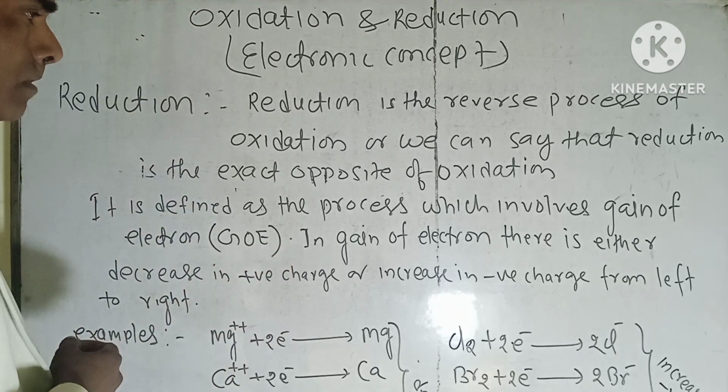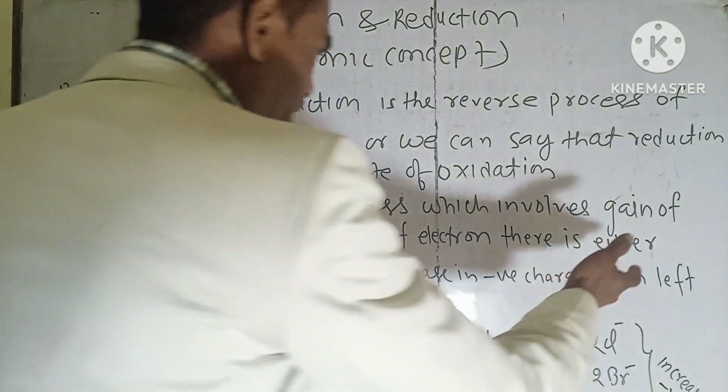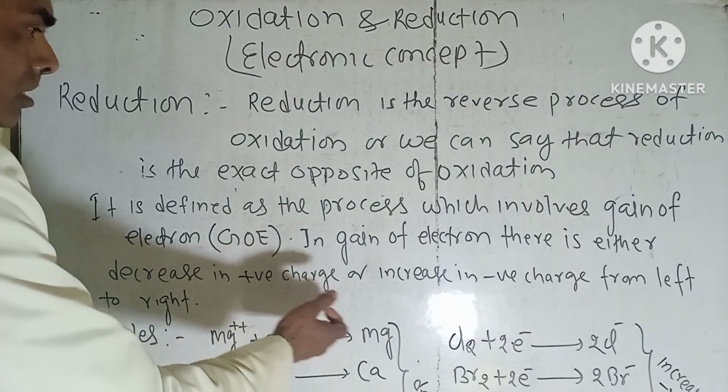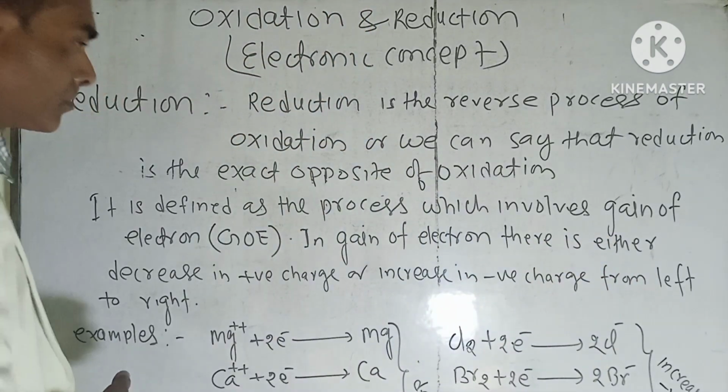In case of gain of electron, there is either a decrease in positive charge or an increase in negative charge from left to right.